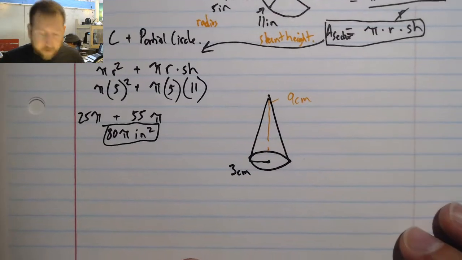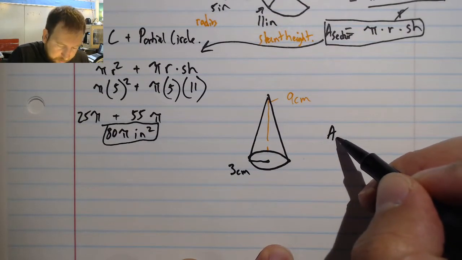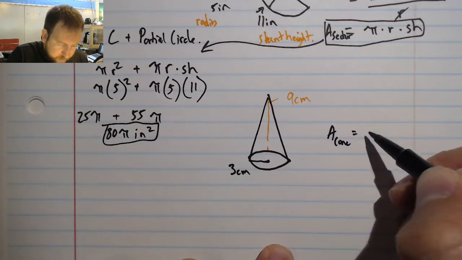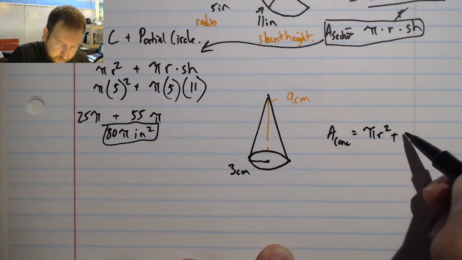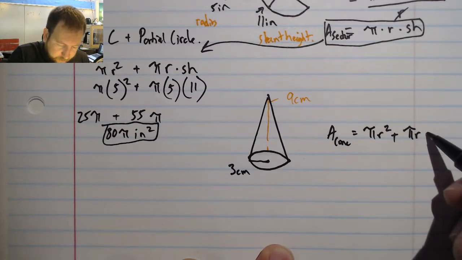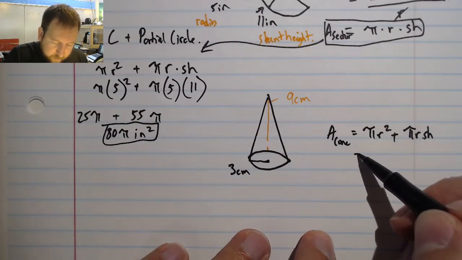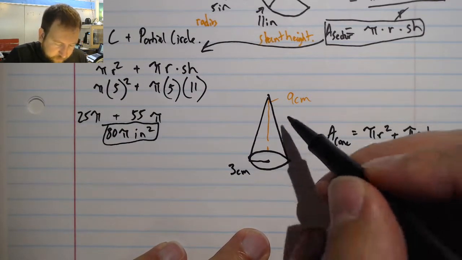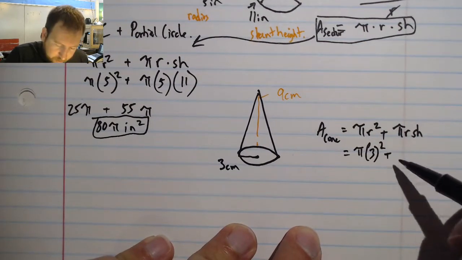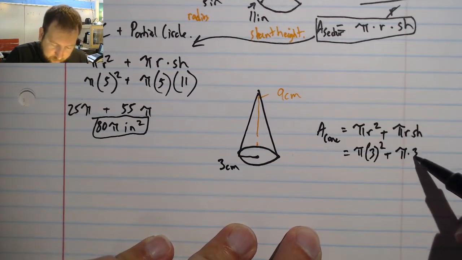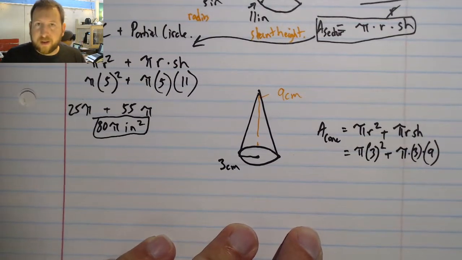I'm just going to take that and put it right into my formula. I have my area of a cone is equal to pi r squared plus pi r slant height. So let's put it in. Pi times my radius of 3 squared plus pi times 3 times 9. It's going to give us what we need.